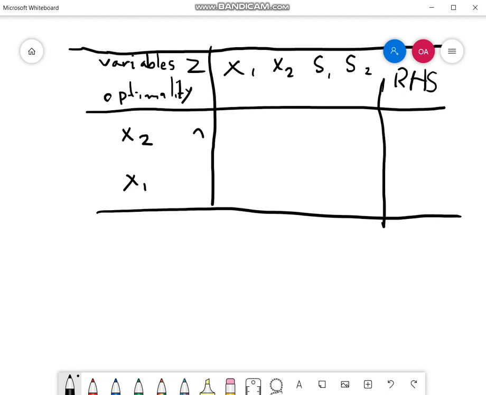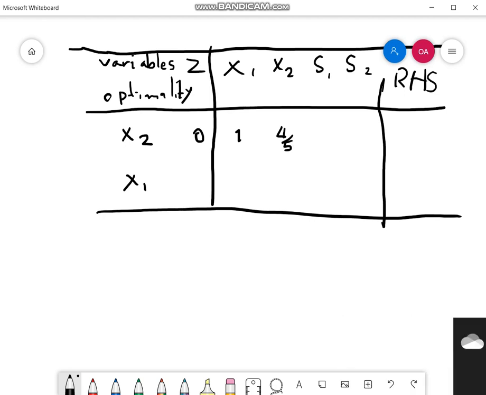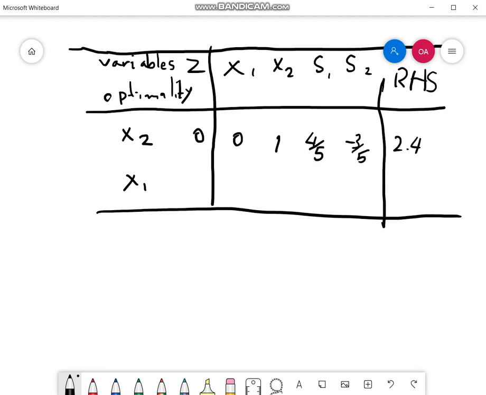So this equation is 0, 1, 4/5, minus 3/5 with 2.4 for x2, 0, 1, 0, minus 1/5, 0.4 and 0.4 for x1.